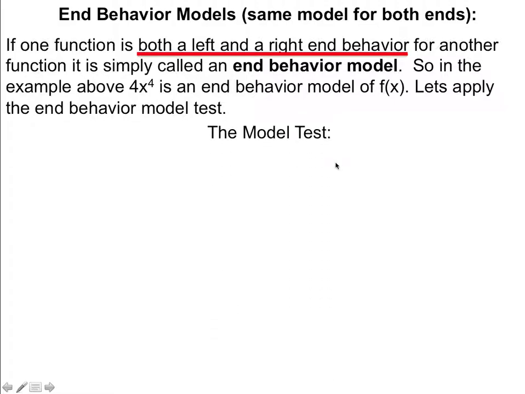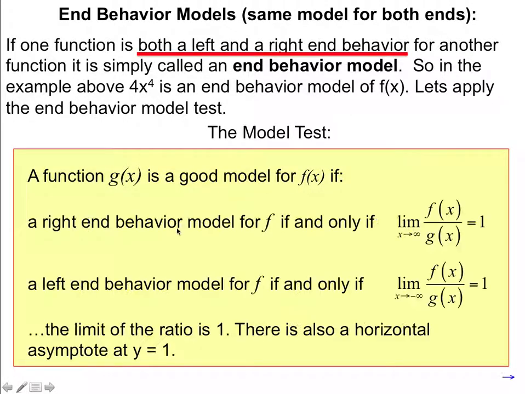So this is the test. If this is a good model for f of x, then if we take the ratio of the two, if we take f of x over g of x and get 1, that means we have a good model. And then since we're talking about horizontal asymptotes, we've got to check both ends.